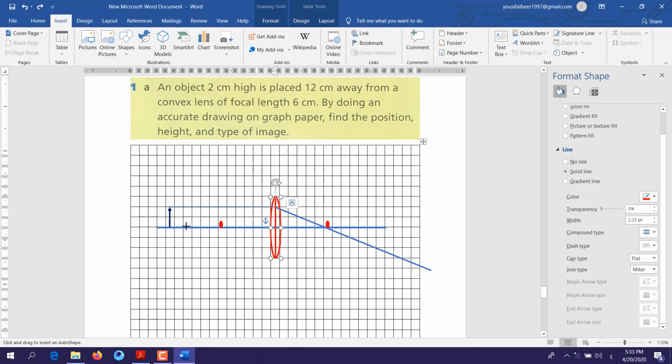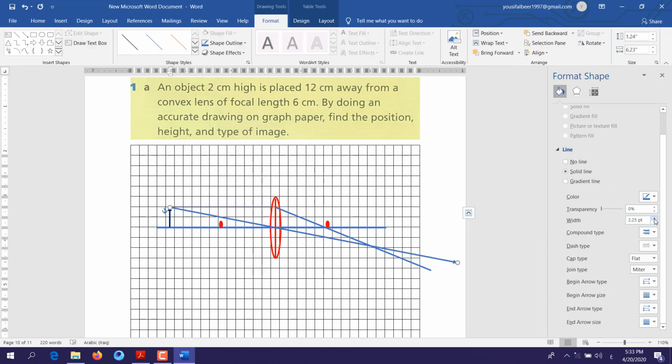The second line, we will draw from the top of the object, passing through the center of the lens, okay, and now as you can see, these two rays met here at this point.